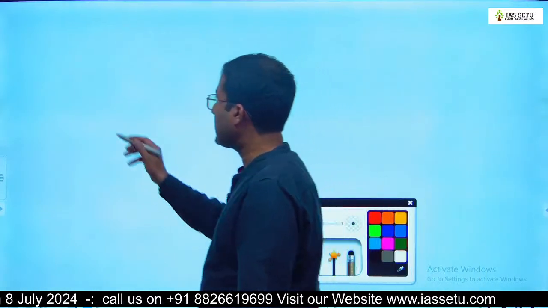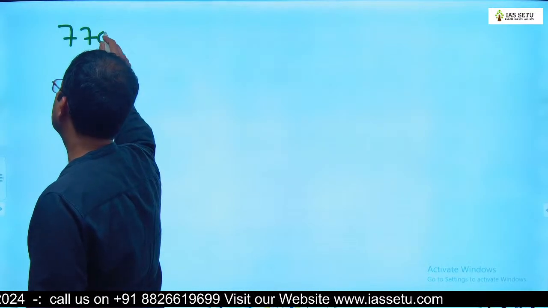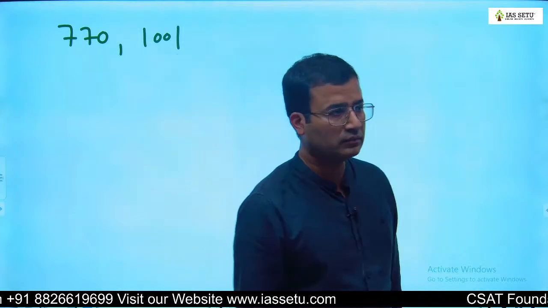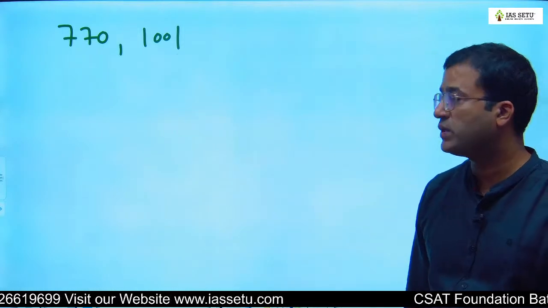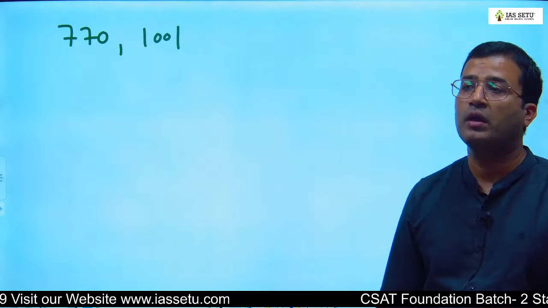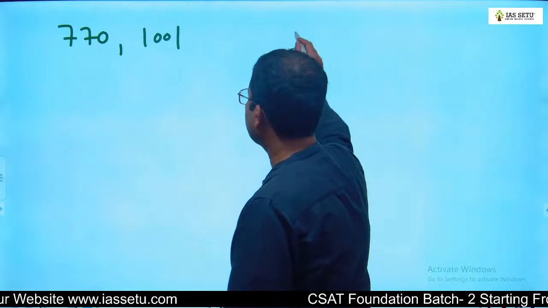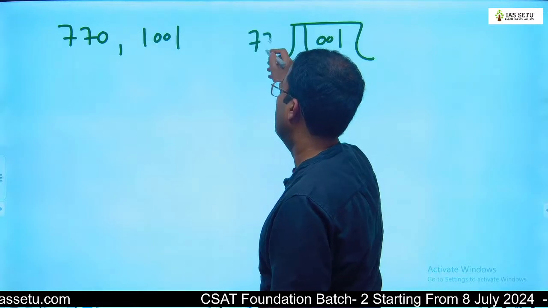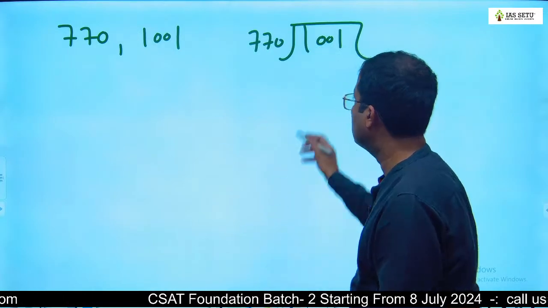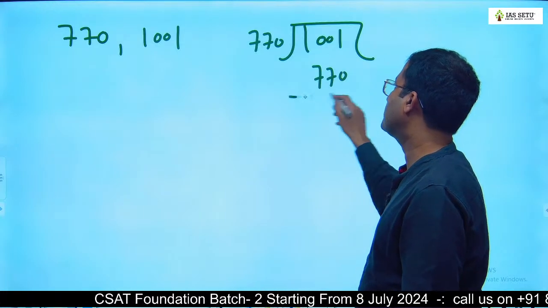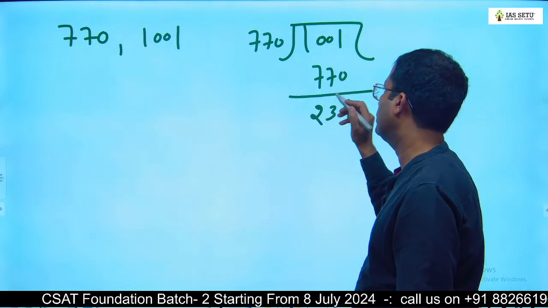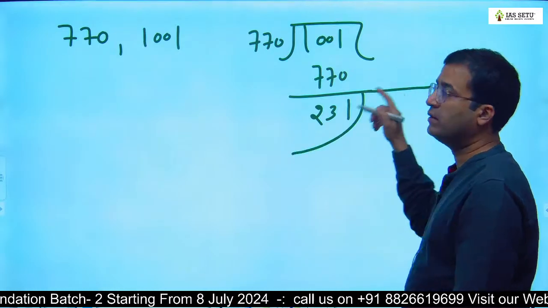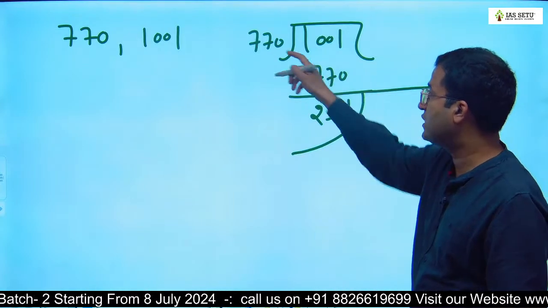Next example, 707 and 1000. ठीक है, तो दिमाग लगे. So what we have to do, we have to divide the larger number by the smaller. Then what is the remainder? 1. This 231 will become the divisor, and what is the last divisor?